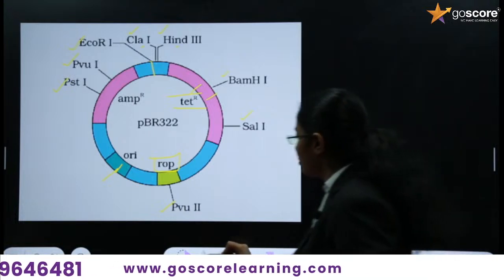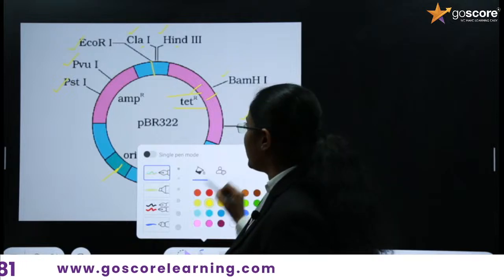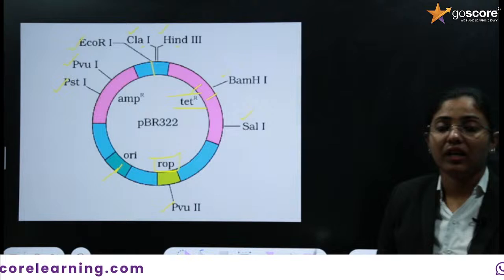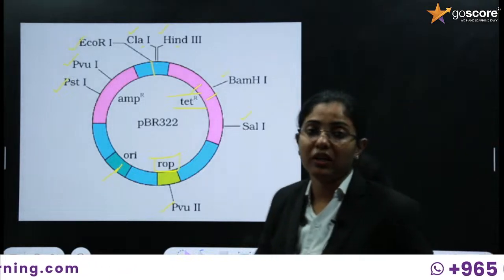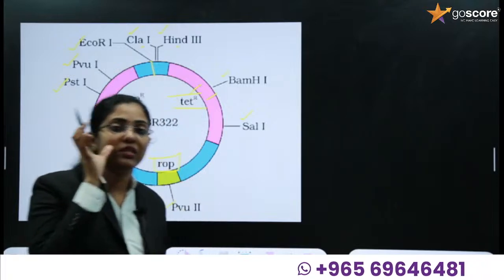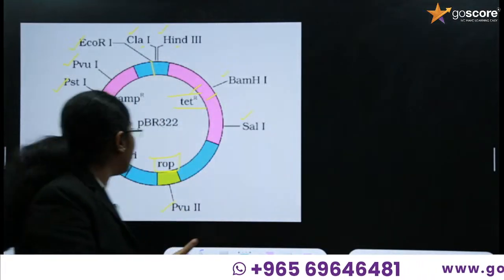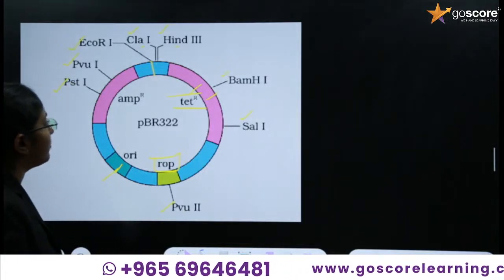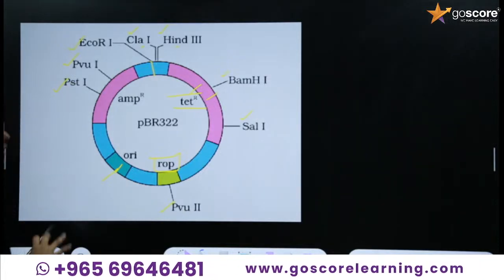So those are the conditions, dear students, that you have to study. There are chances a question will be asked from this portion. With the medium given, which kind of organisms can be grown, ampicillin resistant or tetracycline resistant? That will be the question. Is it clear?